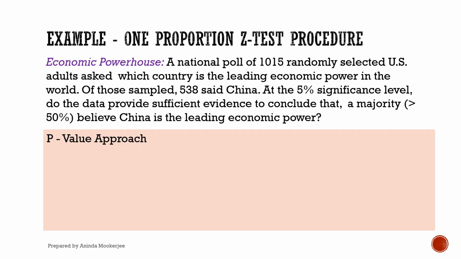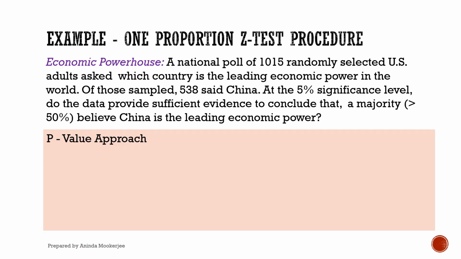And then we brought our test statistic to see where that test statistic would fall relative to the critical value. If it fell in the reject region, we rejected it. If it were to fall in the do not reject region, then we would decide to not reject the null hypothesis. On the p-value approach, we start with our test statistic.